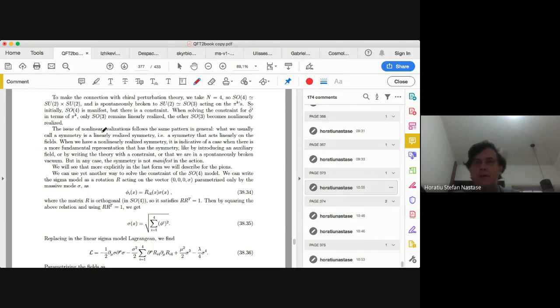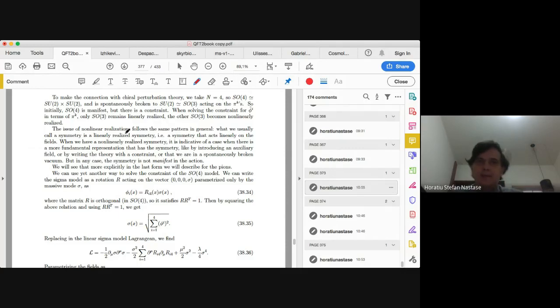A nonlinear realization of the theory is something that has changed from a linear realization of the symmetry. A linear realization of the symmetry is what we're used to, when the variation of a field is proportional to the field. So that is a linear transformation.